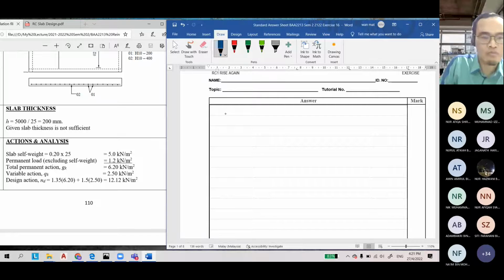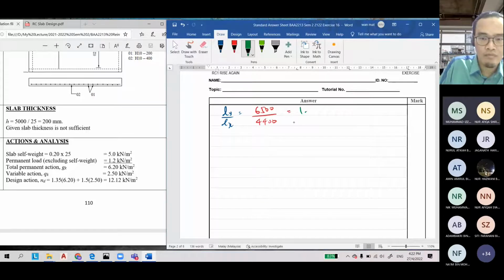And then the next step is to determine the bending moment. You have to determine Ly over Lx, where Ly is the longest side divided by 4.4 meters. So equal to 1.47, which is less than 2.0. So this is a two-way slab.